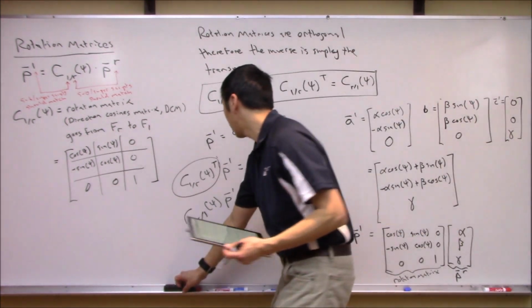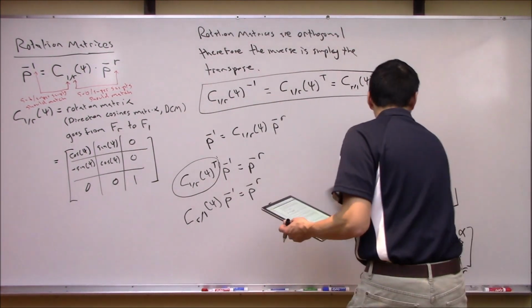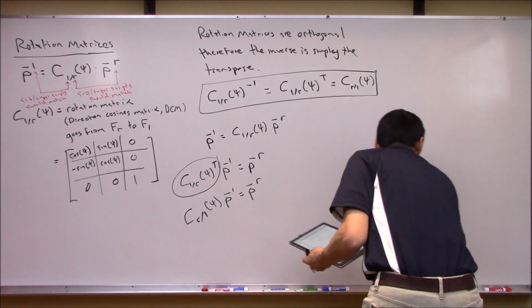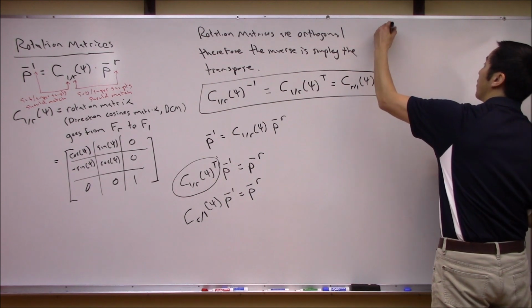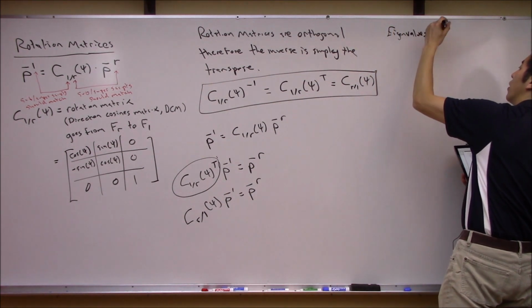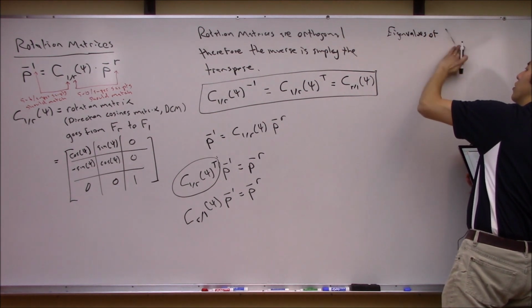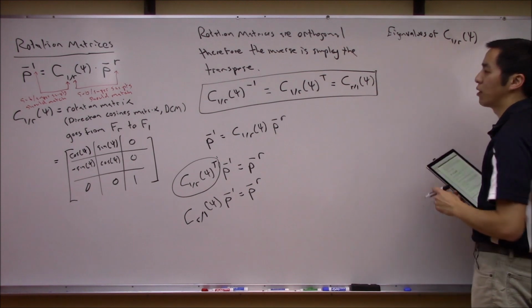Okay, what else is really interesting about these rotation matrices? Well, does everyone remember what an eigenvalue of a matrix did? So let's consider the eigenvalues of this C1R of psi, this rotation matrix that we cooked up.